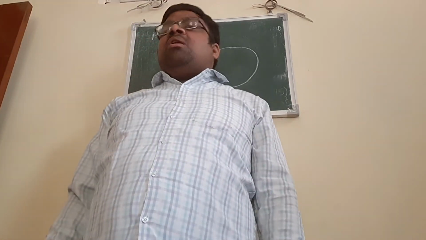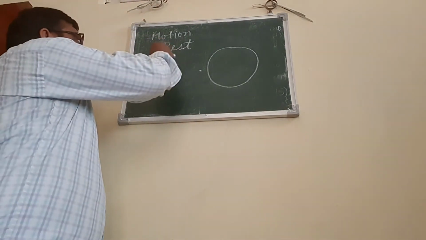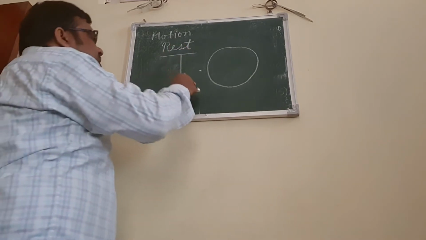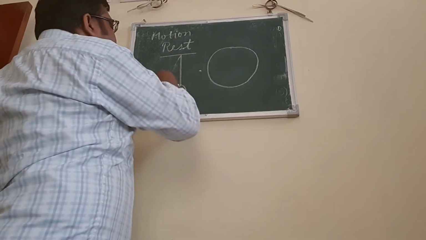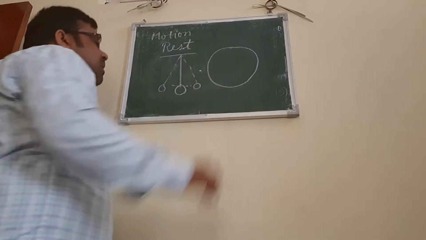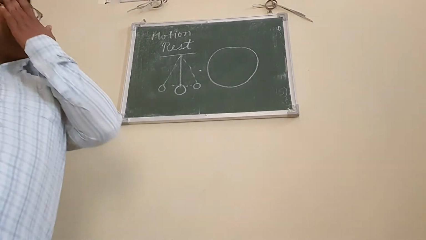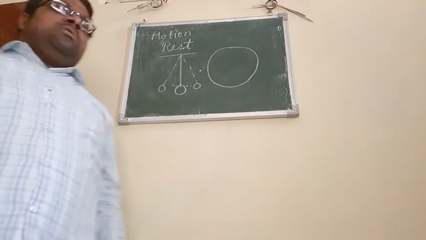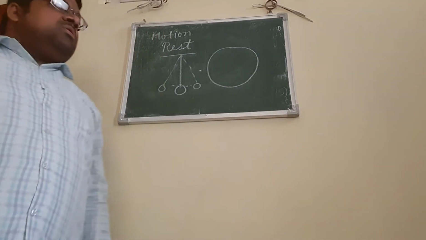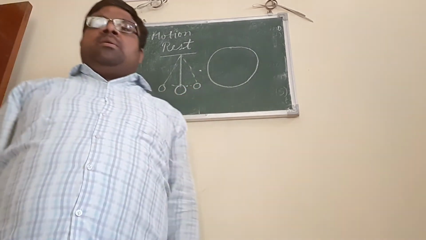Next is oscillatory motion. You might have seen a simple pendulum. It has a string with a bob, and when you displace the bob, it moves to and fro about the mean position. This is the simple pendulum which performs oscillatory motion, meaning the to and fro motion about the mean position is known as oscillatory motion.